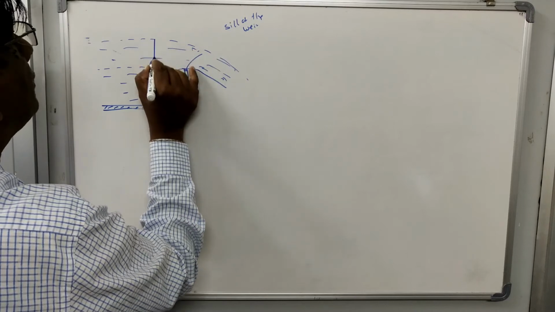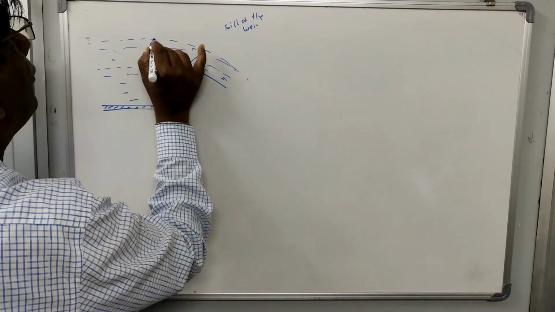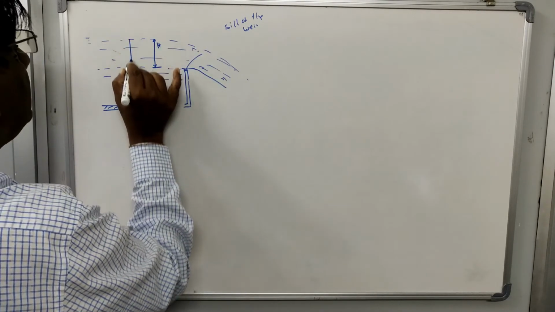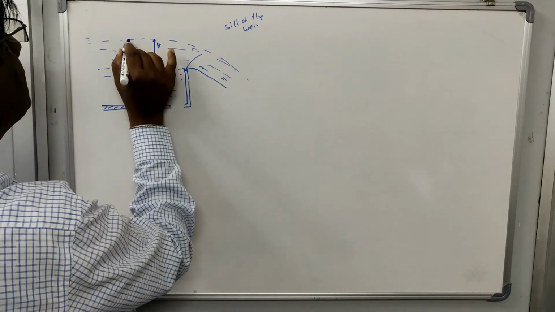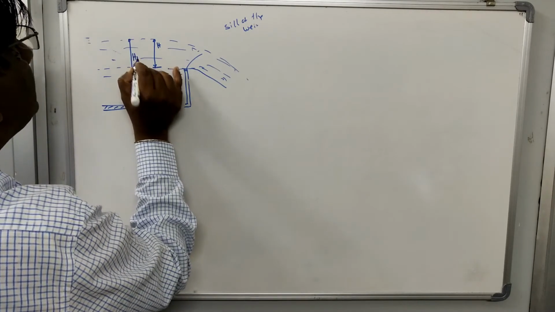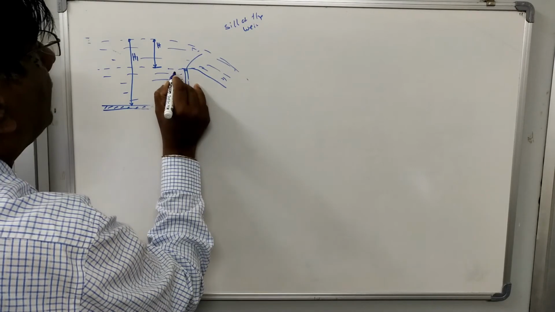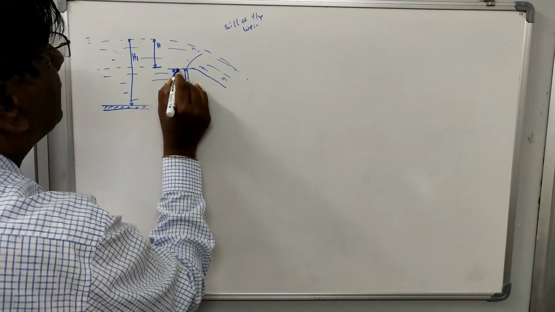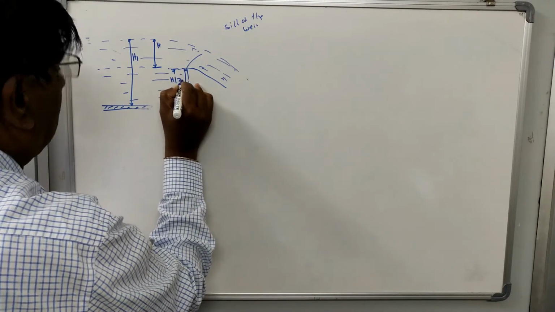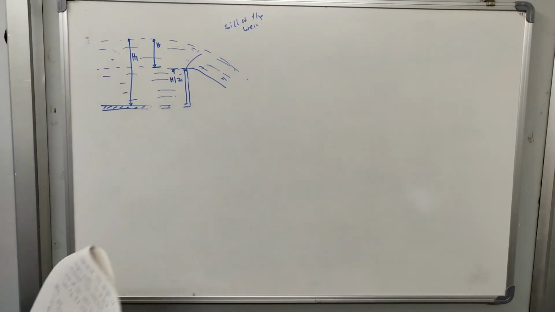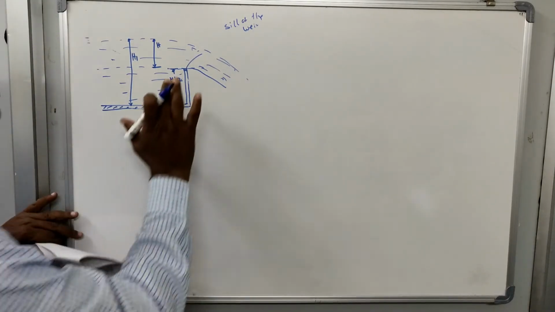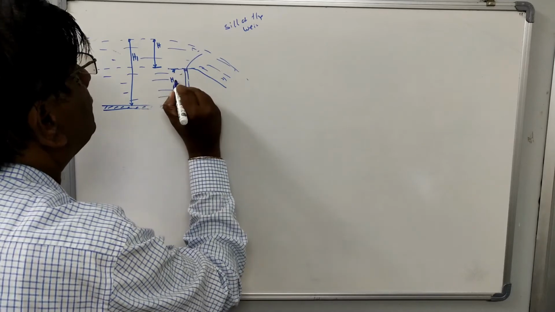This is H, the head over the sill, and this is capital H1, and this you can take as H2.